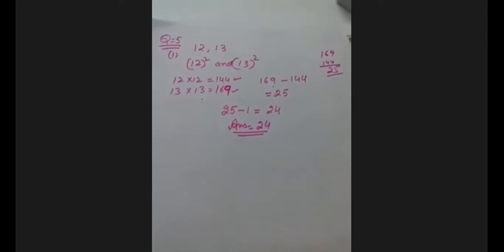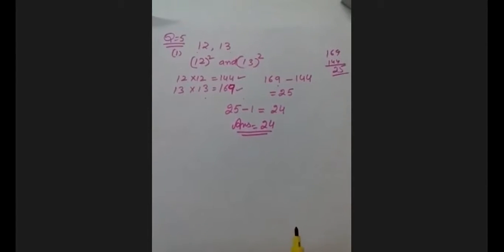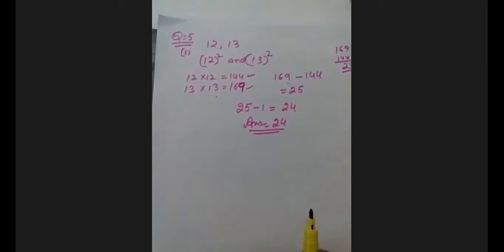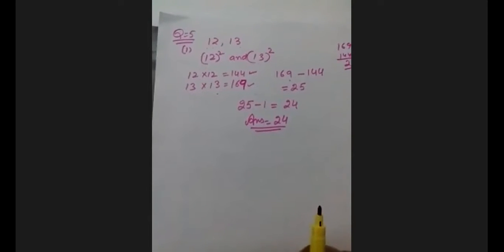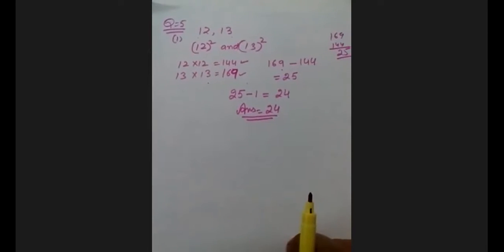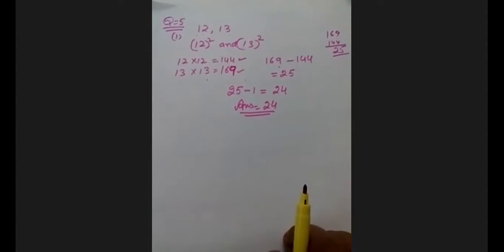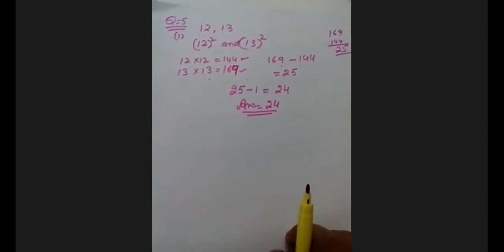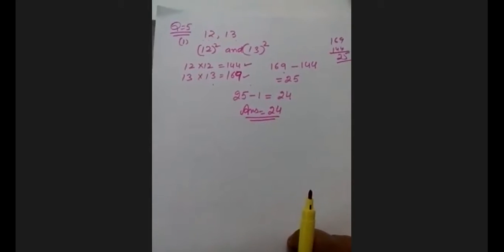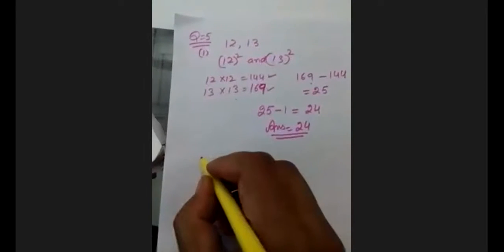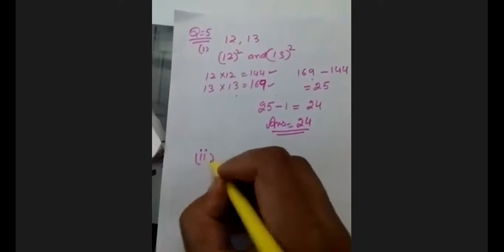There are 24 natural numbers between the square of 12 and square of 13. Clear, students? Next is the second part of the fifth question.